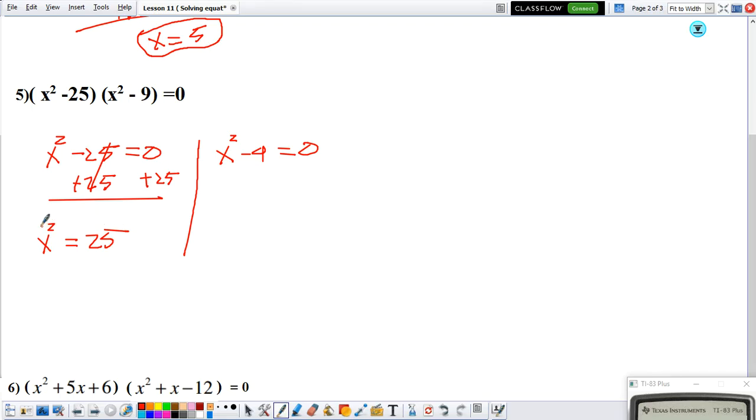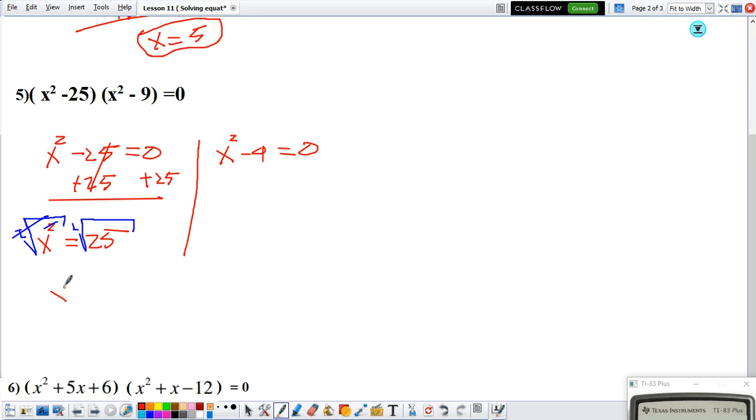Now the question is, you just want x, you don't want x squared. So how do I get rid of this second exponent? Well, you take the square root to both sides, because your root is 2. And remember, when your exponent matches your root, they cancel out.